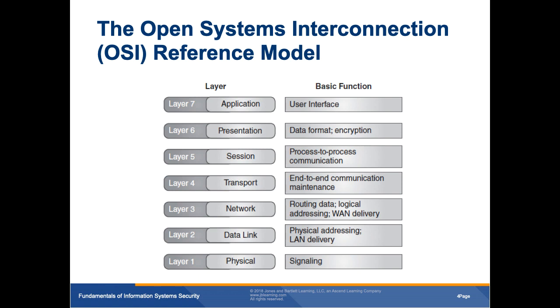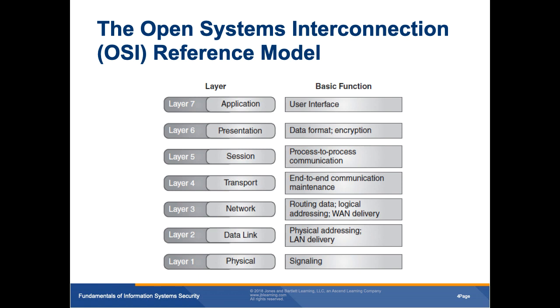The first half of the MAC address identifies the manufacturer, the other half identifies the actual physical card. Data link layer, layer 2, this is also where your switches typically work. Switches are typically a layer 2 device, and they deal with MAC addresses, whereas routers are a layer 3 device, and they deal with IP addresses.